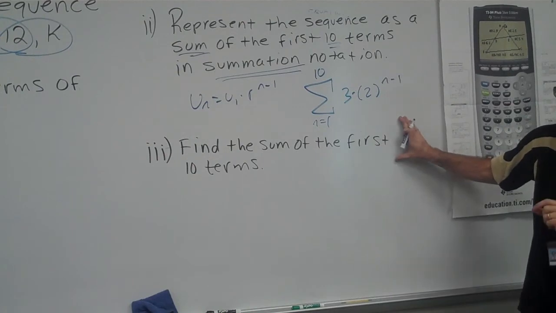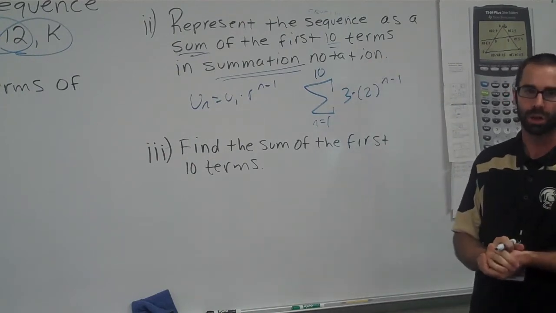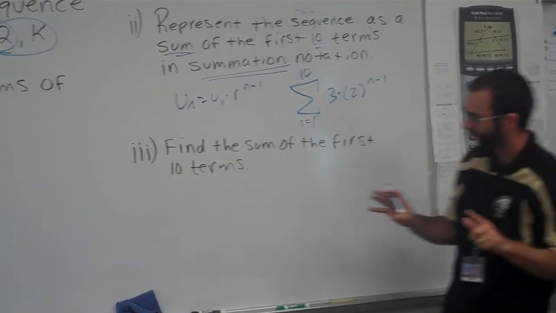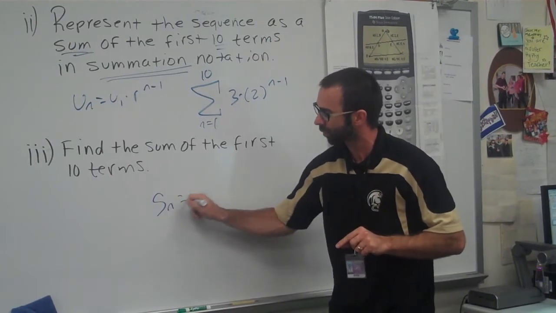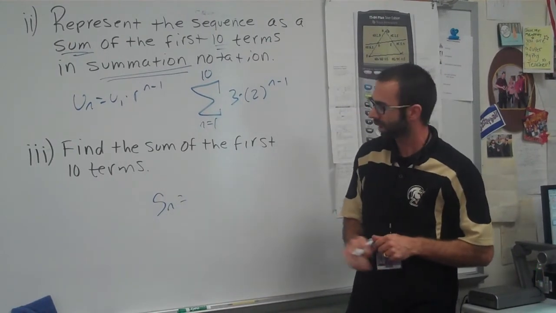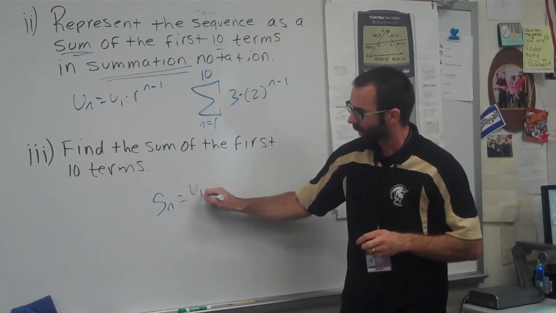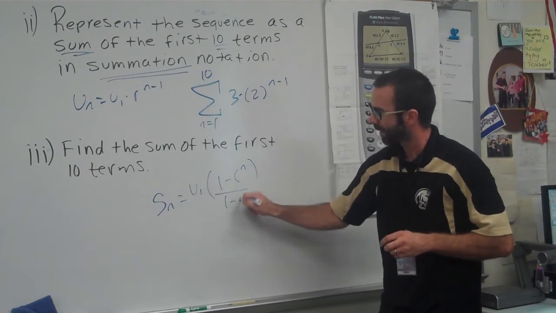Lastly, part 3: what is the sum of the first 10 terms? You could do it by hand, which is really long and tedious, and we don't want to do that. Let's use our sum formula. First we write down S sub n equals our first term times 1 minus r to the n, all over 1 minus r.